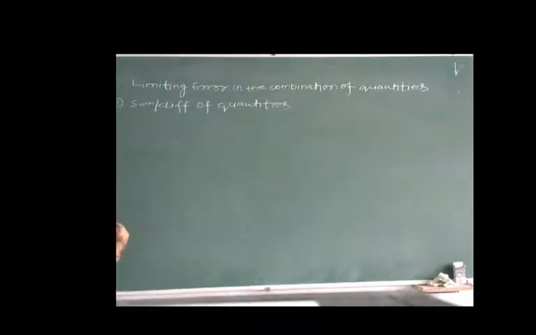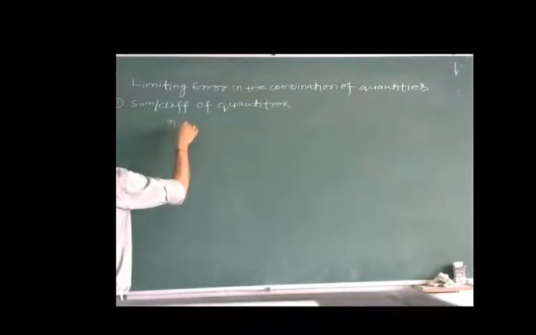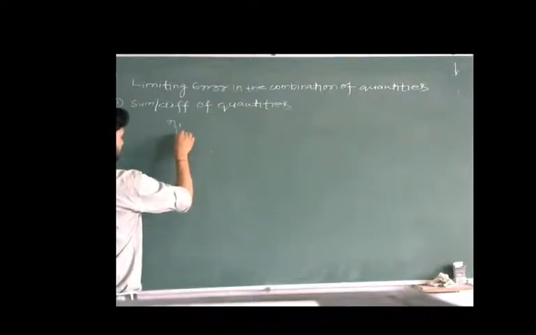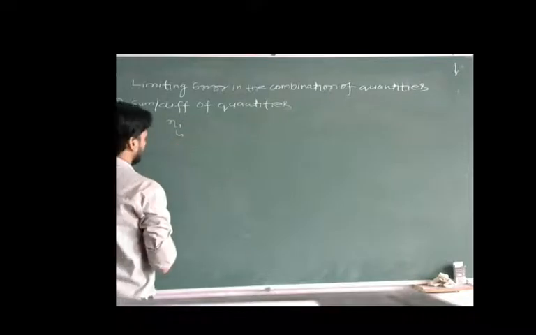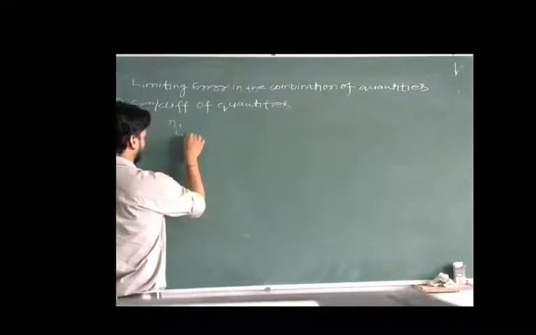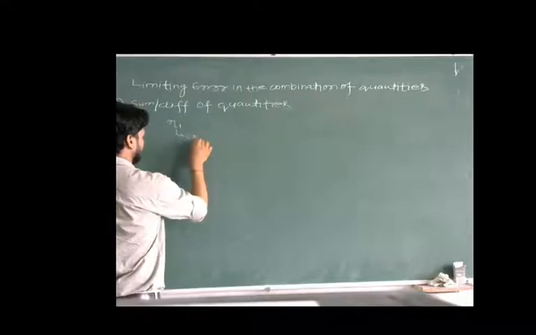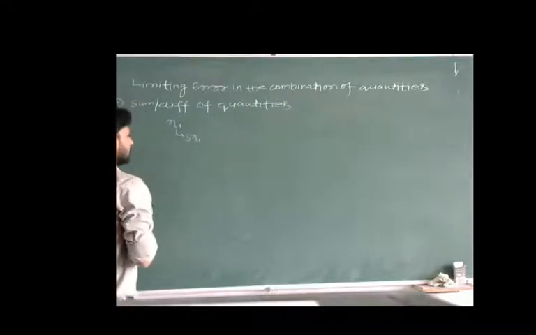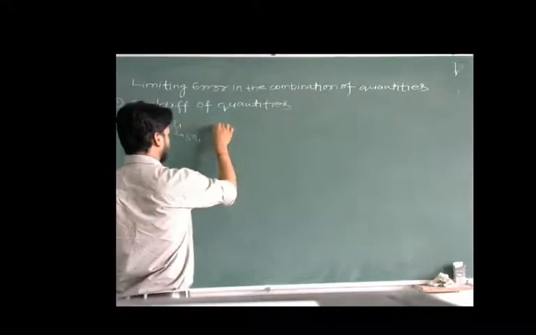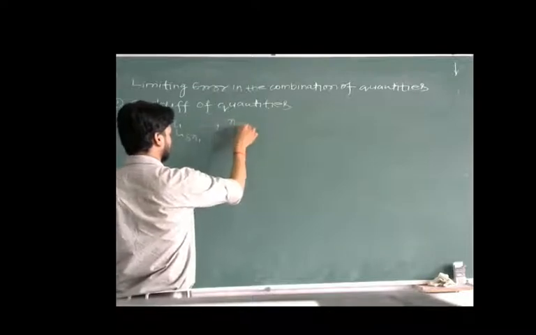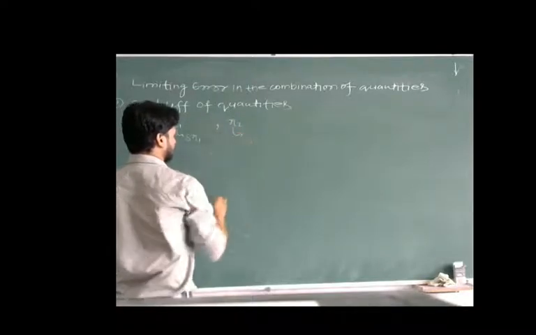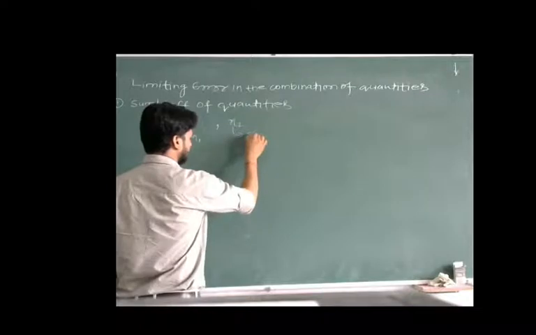Suppose one quantity is x1. x1 has absolute limiting error, suppose it is del x1. Another quantity is x2. x2 has absolute limiting error del x2.